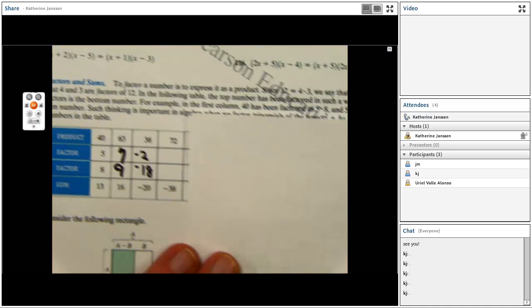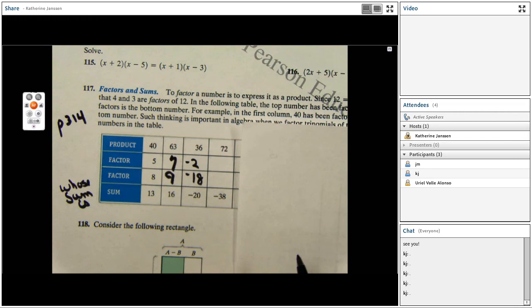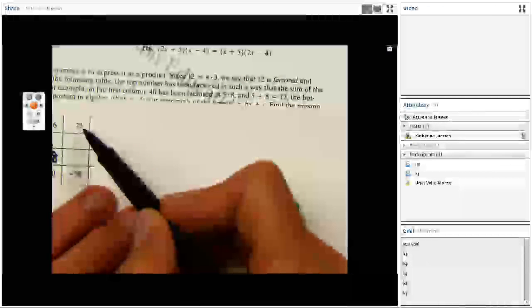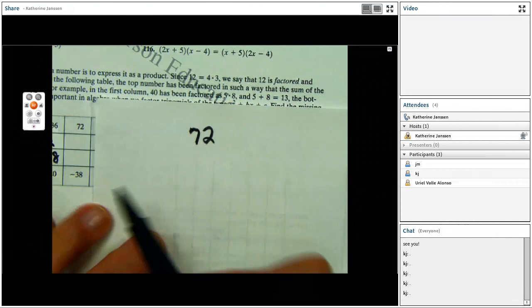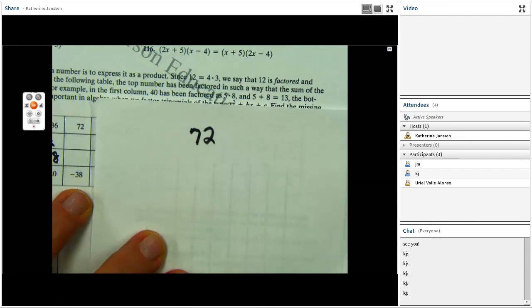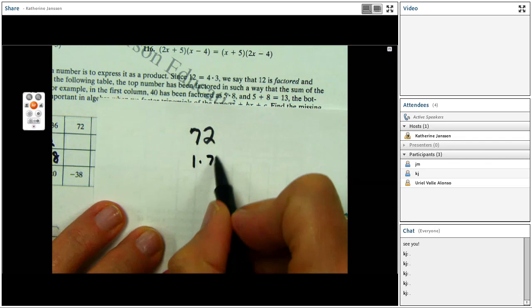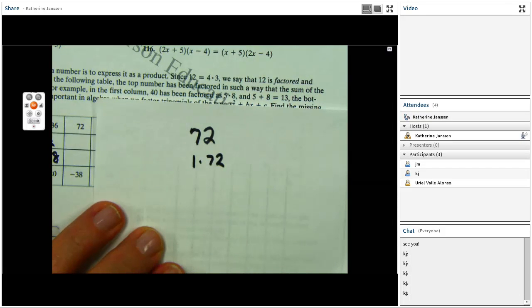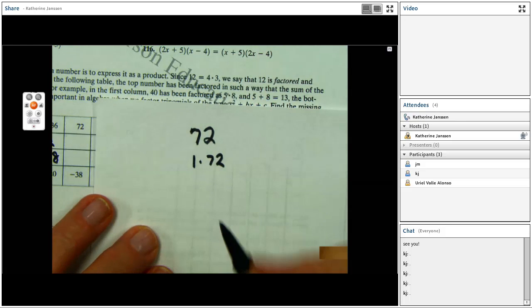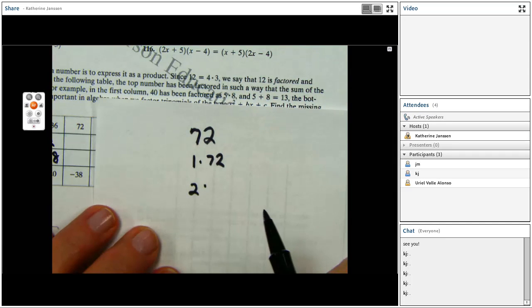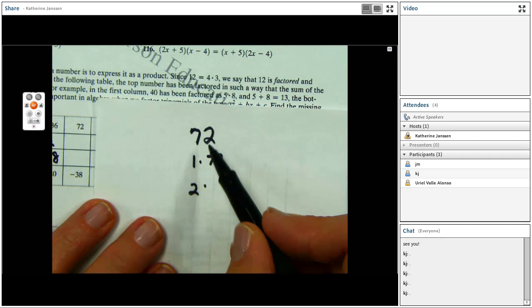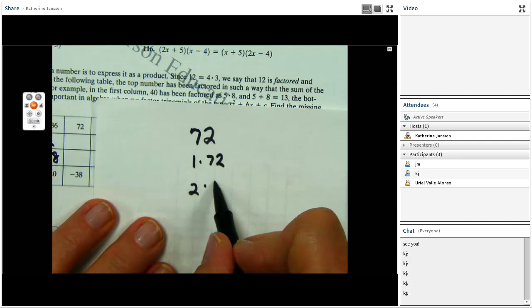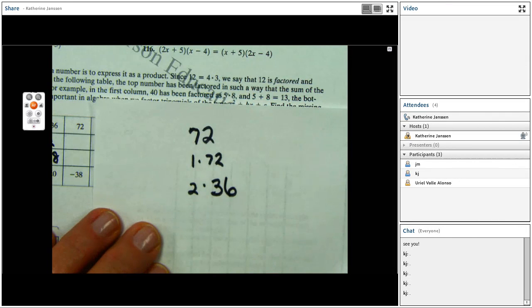We're on page 314. There's a game that we're playing. We're looking for factor pairs of 72 whose sum is negative 38. Well, 1 times 72. But if I add 1 and 72, I get 73. 2 goes into 72. 2 times what? 2 times 36. 2 times 36 is 72.